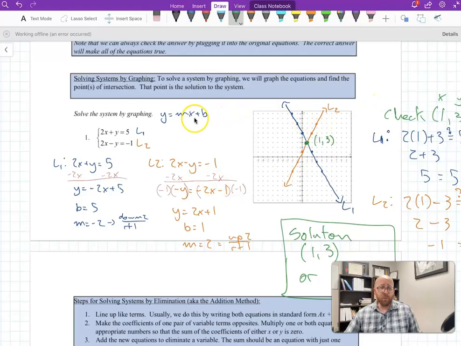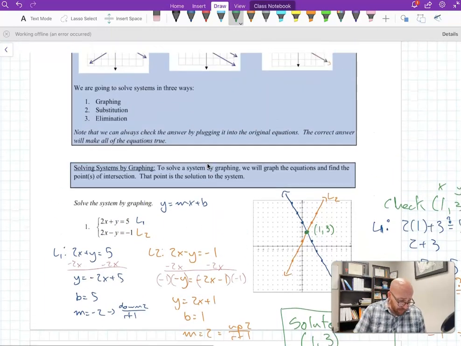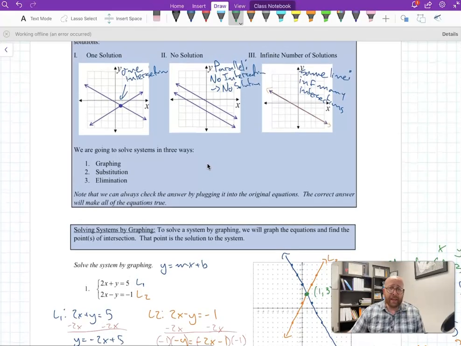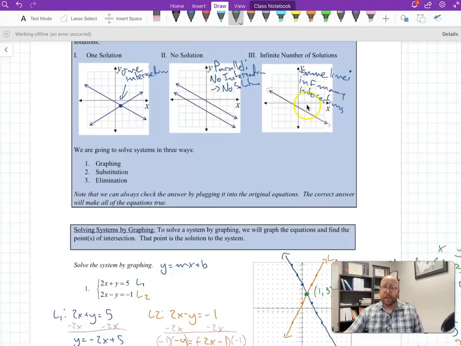You may have to do some work in order to get it into slope-intercept form. You can check your solution by plugging the values for x and y back into the original equations and verify that you get a true statement. And also remember that if you have parallel lines, we have no solution. And if your two lines end up being the same line, then we have infinitely many solutions.